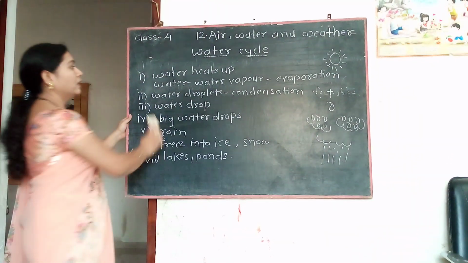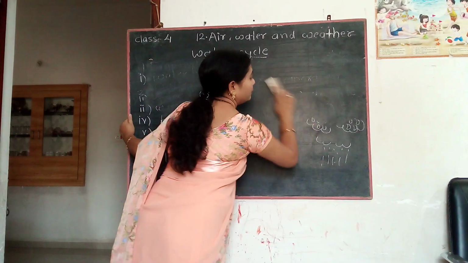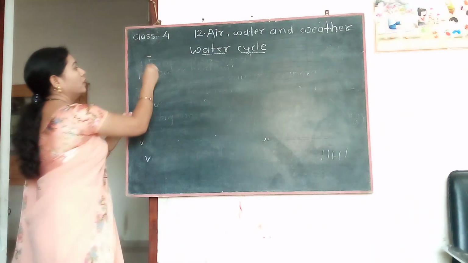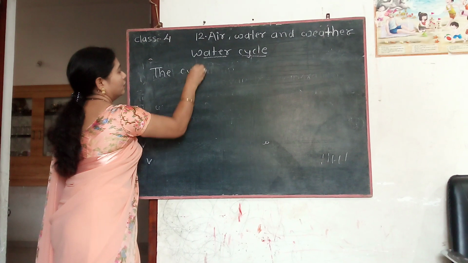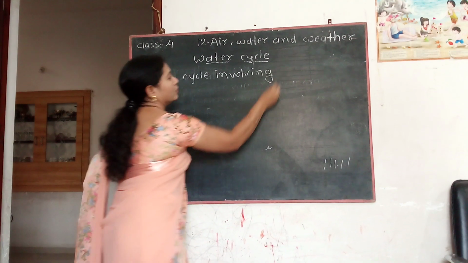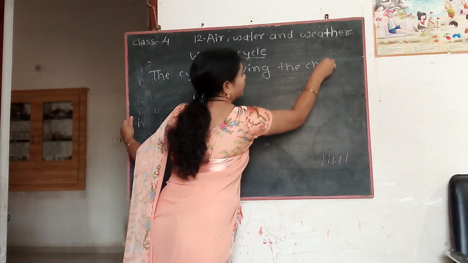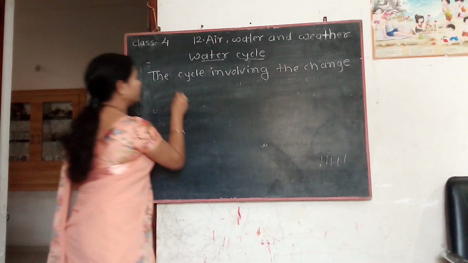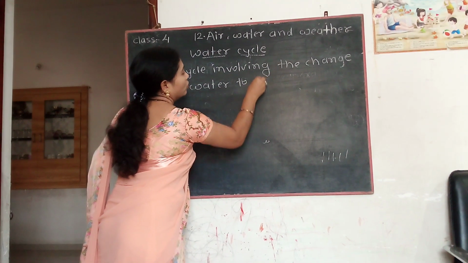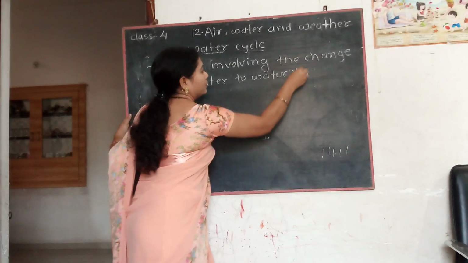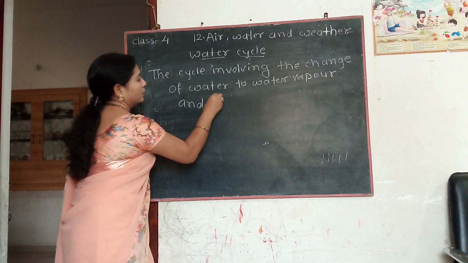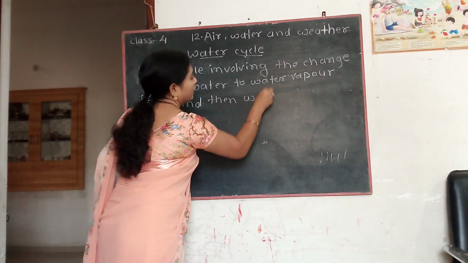Thus the water cycle can be defined as the cycle involving the change of water to water vapor and then water again.